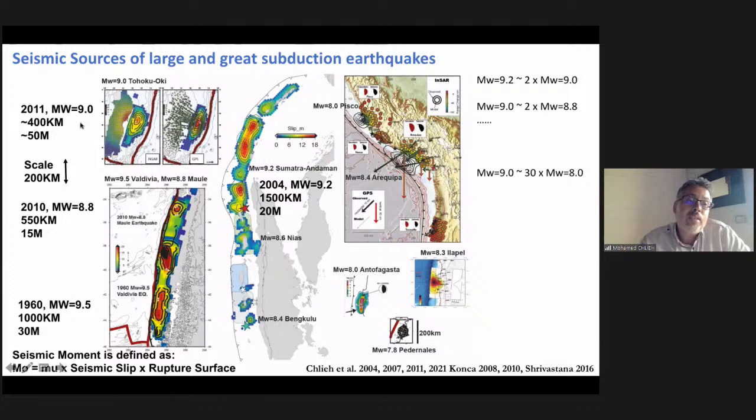What you can see is that the Tohoku earthquake broke only about a 400 kilometer long section, while the Maule broke a much longer section, but with much less slip. The final result is that the energy released here is twice larger than the one released during the Maule. This is something that should be kept in mind. So we didn't know that it could slip 50 meters, and why not happen in North Chile or South Peru in the future, we don't know actually.